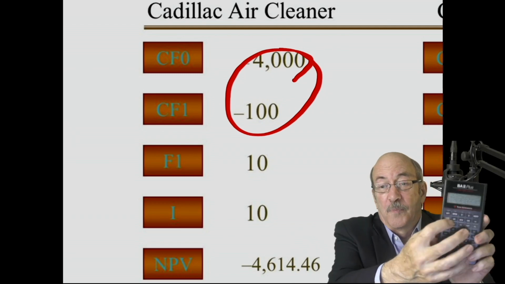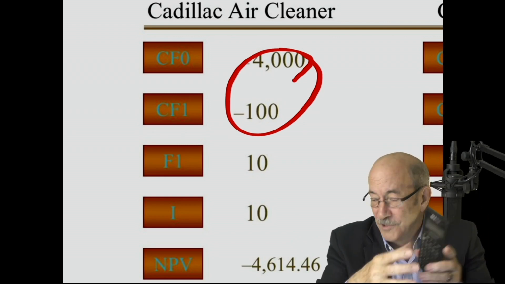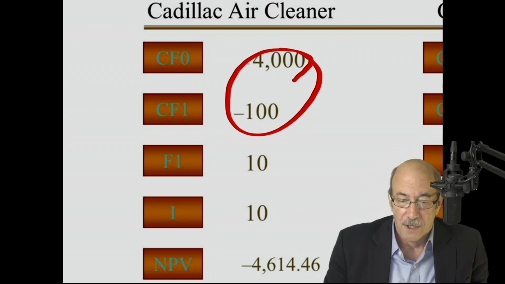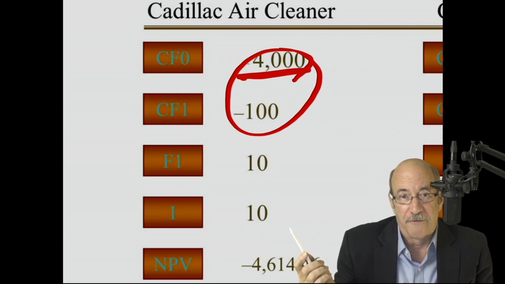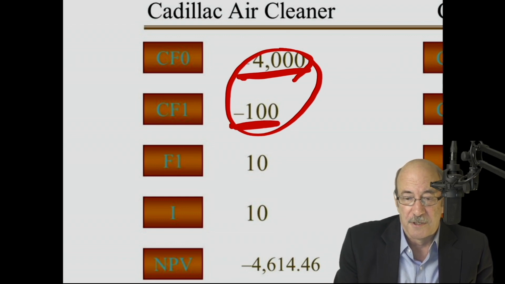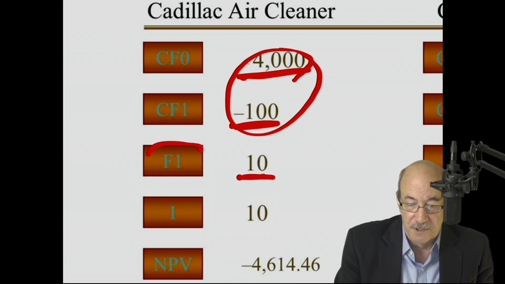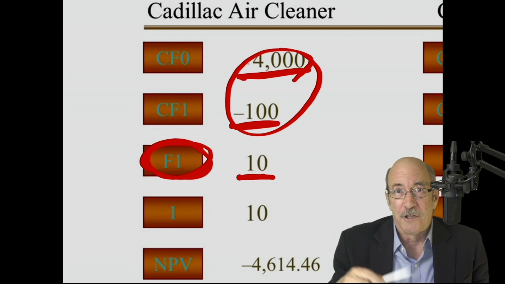So you're going to be up here on that cash flow button right there. All right, we plug in our initial cash flow outflow of 4,000, and our operating expenses of 100 per year for 10 years. Notice that's F1 there. Remember, we were just using a 1 for the other problems we worked in earlier chapters.